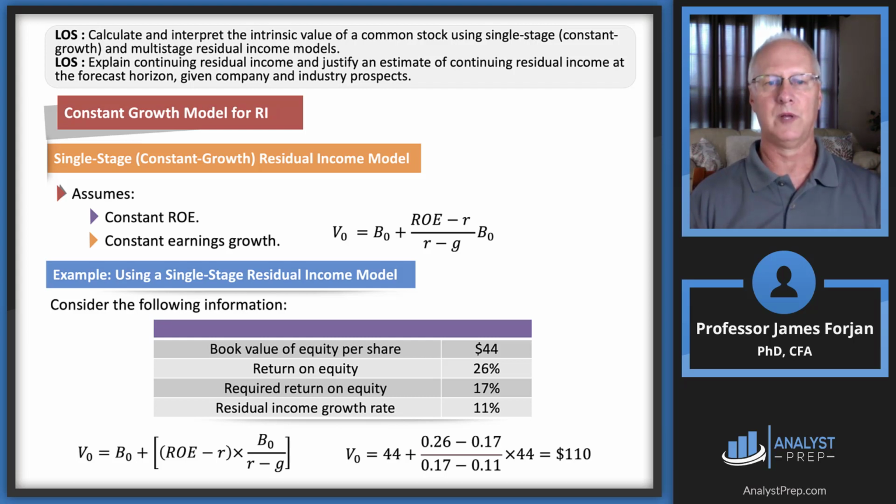So let's suppose we have a couple of pieces of information down under the purple box: book value per share 44, return on equity 26, required return 17%, residual income growth. So this is just a pretty simple application of that equation at the top. You can do the math quickly there and get a value of the firm residual income model of $110.